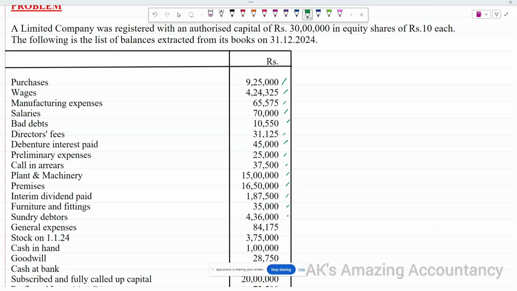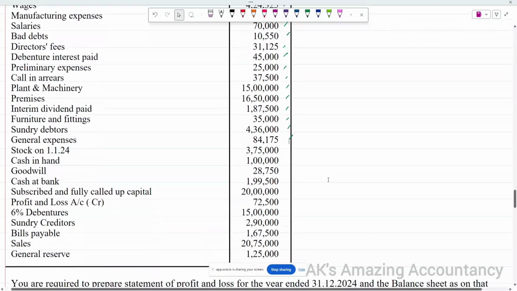Sundry debtors 4,36,000. General expenses 84,175. Stock on 1/1/24 3,75,000. Cash in hand 1 lakh. Goodwill 28,750. Cash at bank 1,99,500.